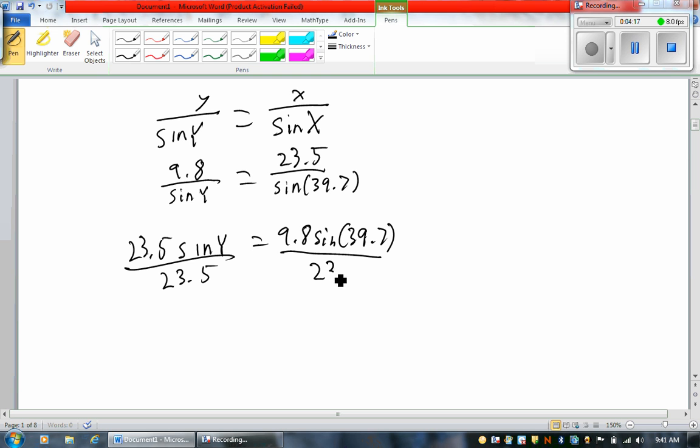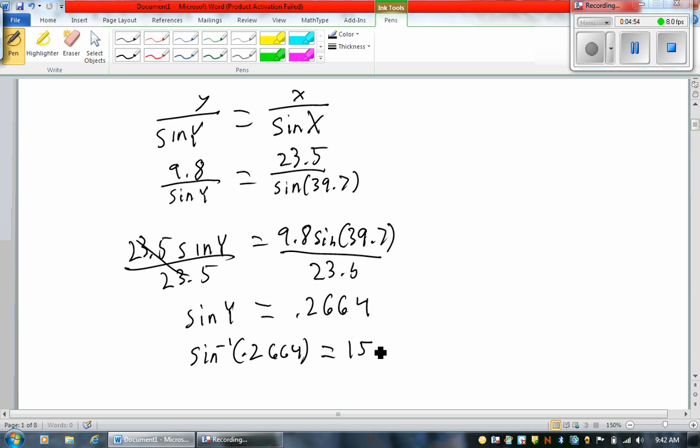So for sine of Y, I get sine Y equals 0.2664. Now, to find the angle, we need to use the inverse sine. So sine inverse of 0.2664. When you plug it into your calculator, it's going to give you 15.4 degrees.